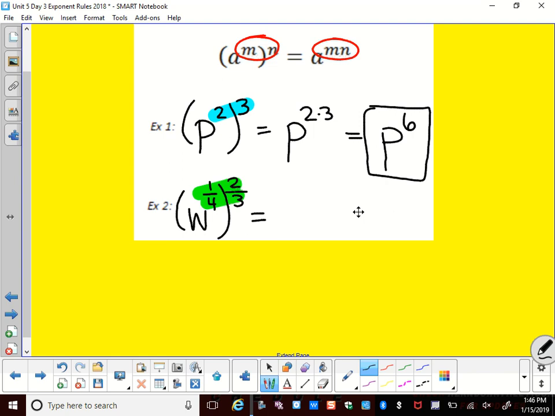What happens if you do 1/4 times 2/3? 1/6. You just have to be careful that you don't put 1/4 to the power of 2/3. That's not what we're doing. Okay? When we see that these two numbers are together, then we need to multiply them together.